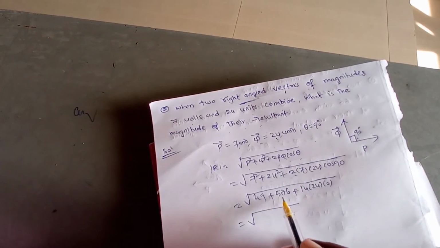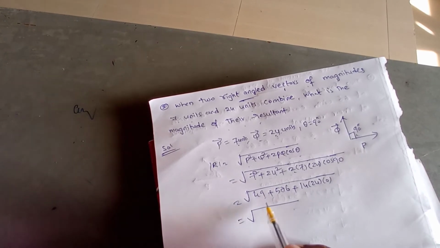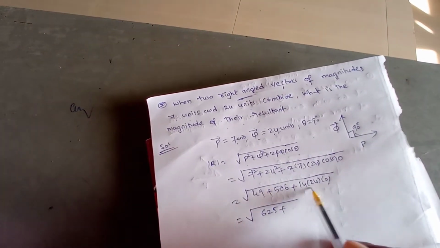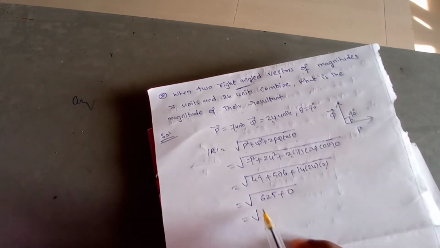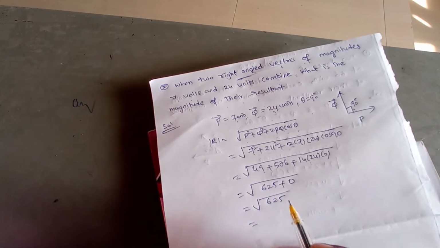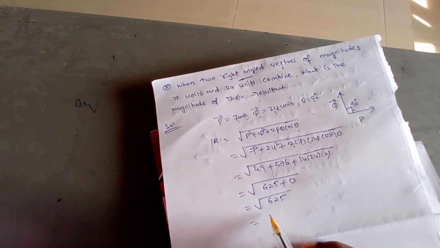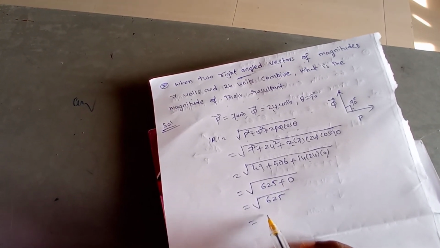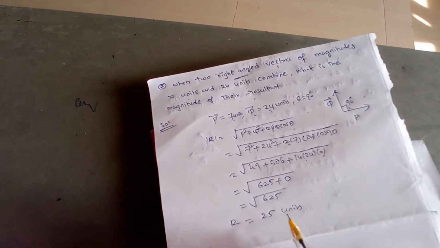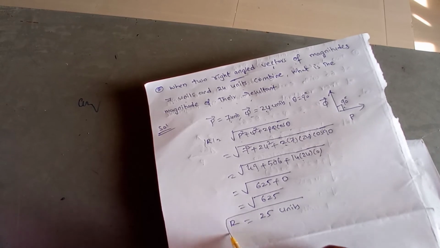Okay. 49 plus 576, that is 625, plus 0 into anything is 0. What is the value? Root 625. What is the value of root 625? 25. 25 units. What is the magnitude of resultant? 25.